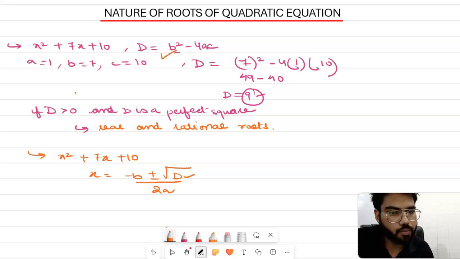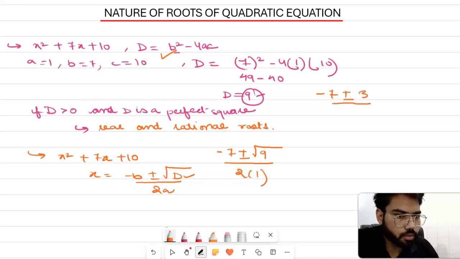Now putting the values, minus of b, that is minus of 7 plus minus under root d. The value of d is 9 upon 2 into a. A is 1. So we will get minus 7 plus minus under root 9 is 3 upon 2.